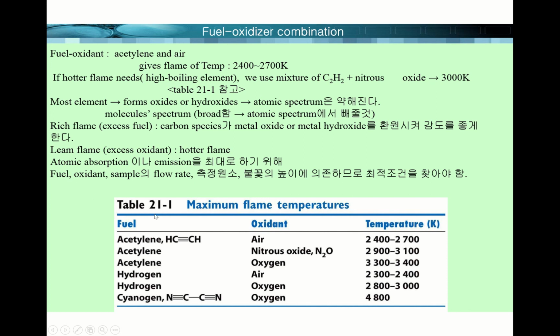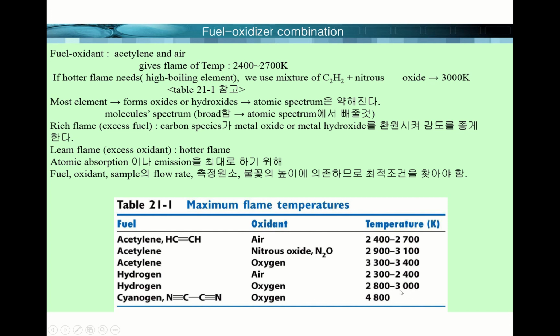So look at this table. It shows the maximum flame temperatures. For example, the acetylene air combination temperature is rather low, but acetylene nitrous oxide gives you a little bit higher temperature. Then cyanogen and oxygen combination, you can have the temperature up to 4800 Kelvin.